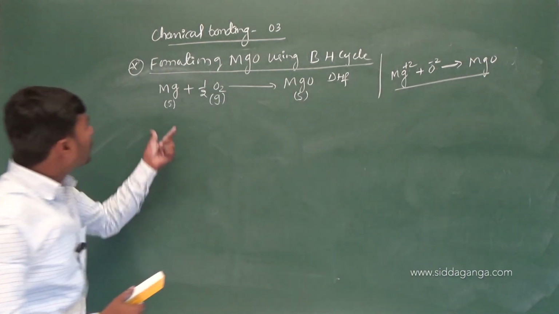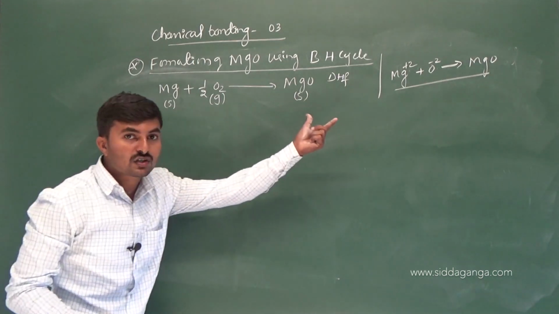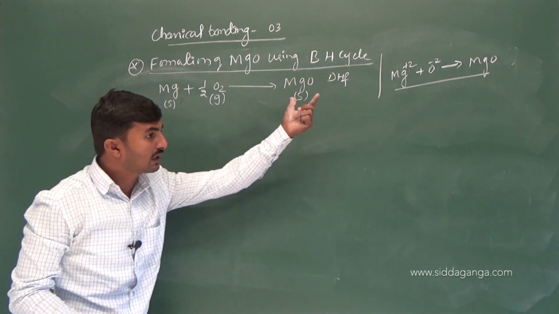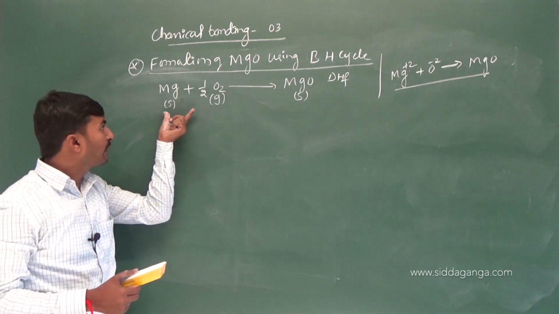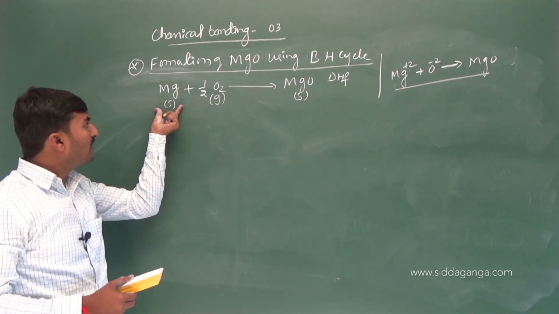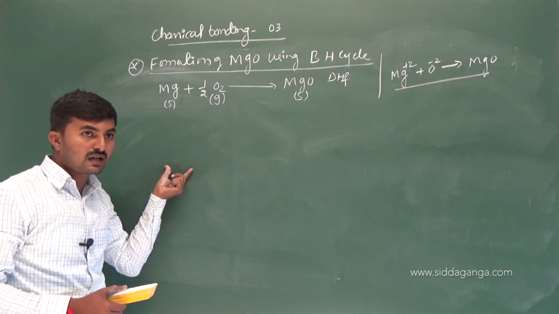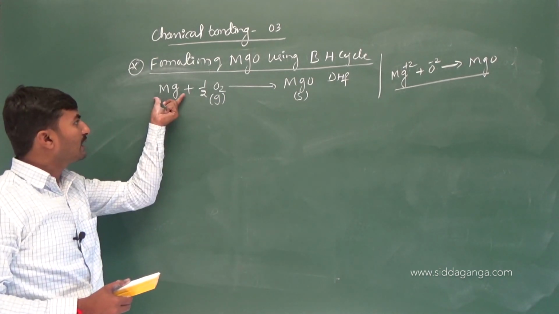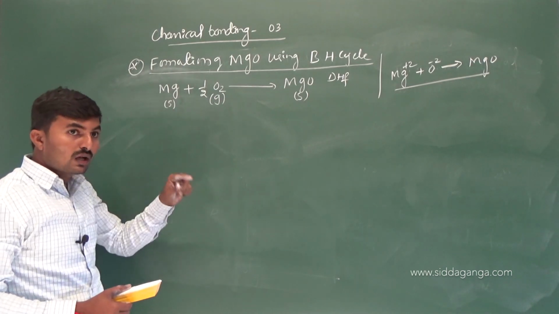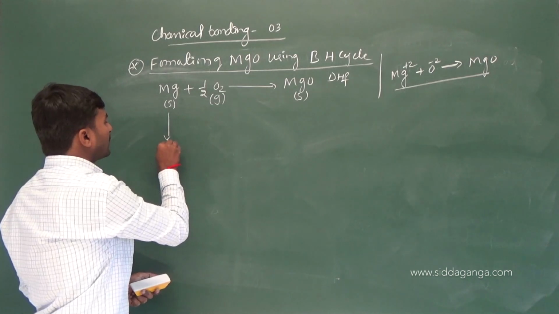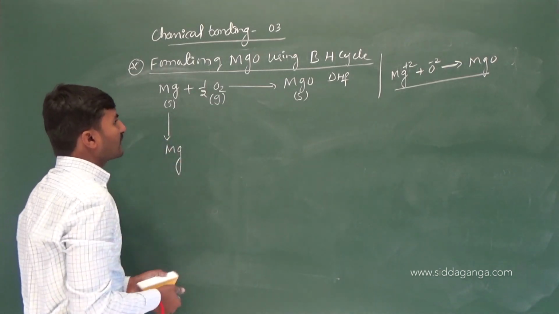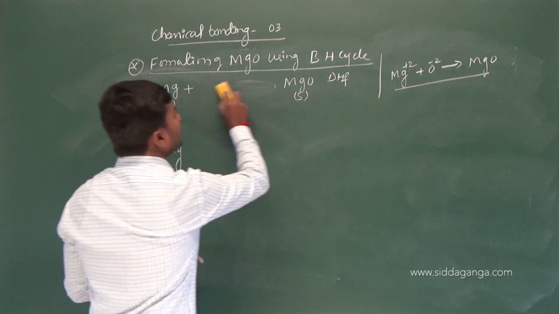Okay, in order to convert this magnesium into a magnesium dication, what is the procedure we have used? In the last example, in order to convert the solid into a gaseous state, first we have to convert the magnesium in a solid state into magnesium in a gaseous state. That process is called sublimation.